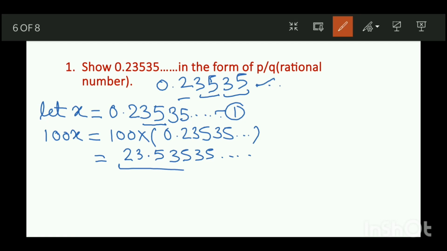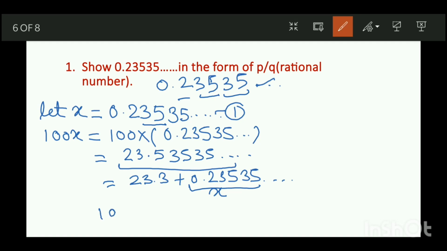Now how can we write this? We can write this as 23.3 plus 0.23535 and so on. And we have assumed this to be x from equation number 1. So what will we get? 100x is equal to 23.3 plus x. Okay.